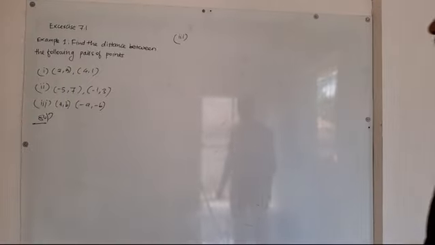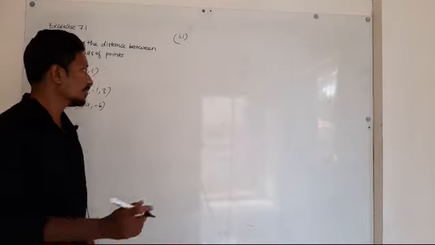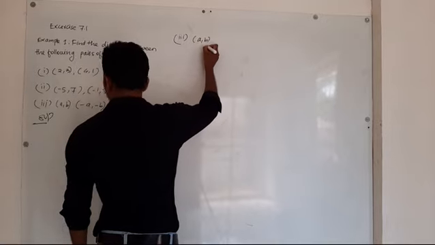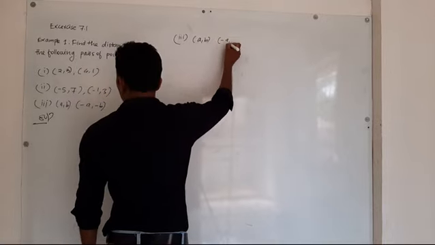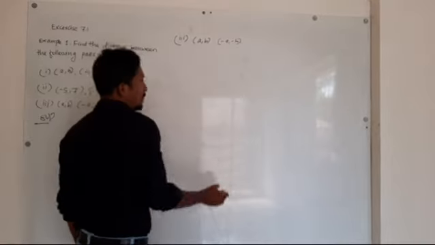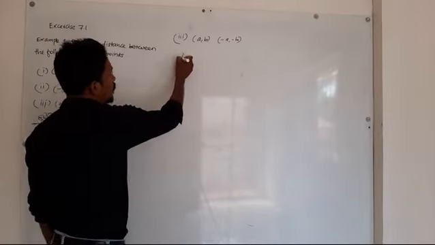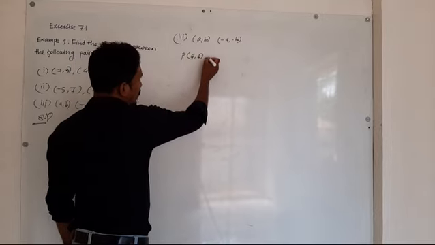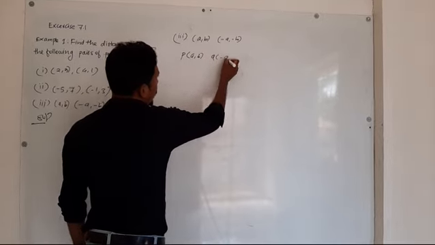Next, example number 3. The coordinates are a, b and minus a, minus b. The coordinates of point P are a, b. The coordinates of point Q are minus a, minus b.